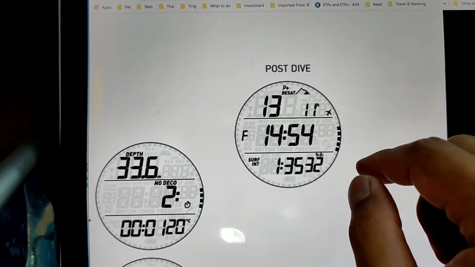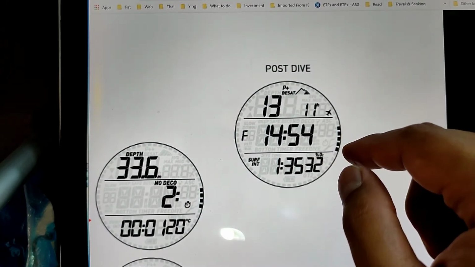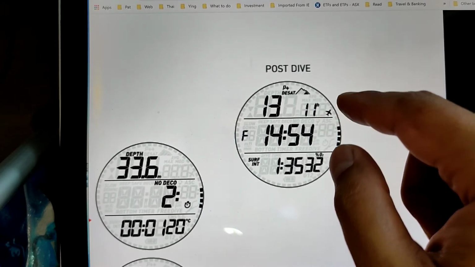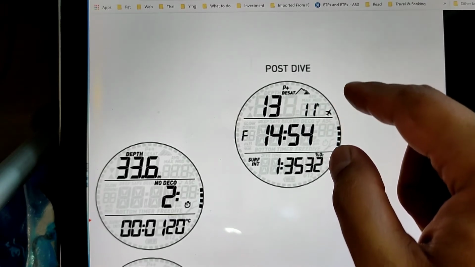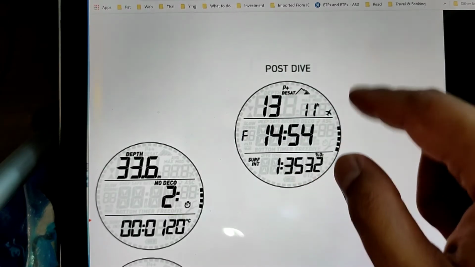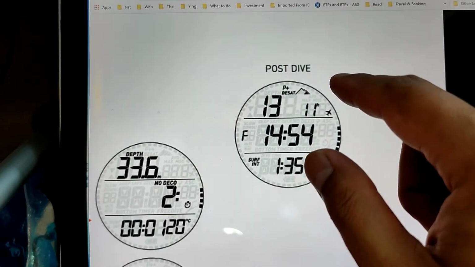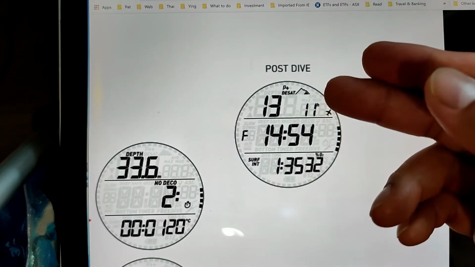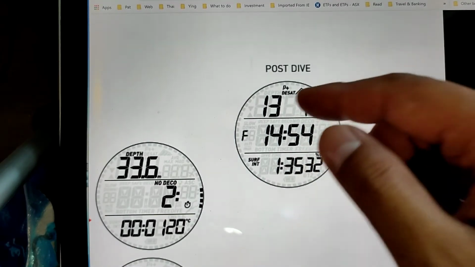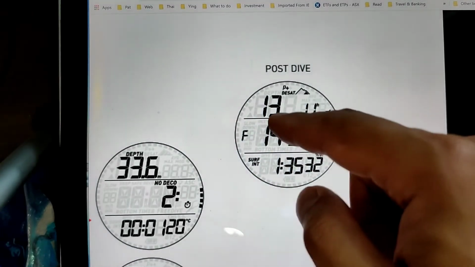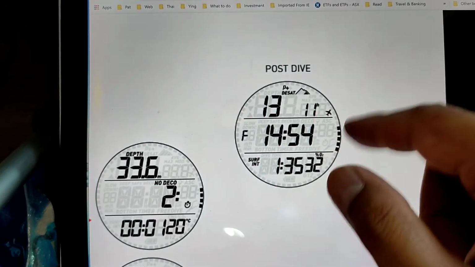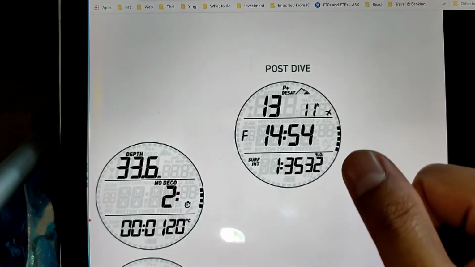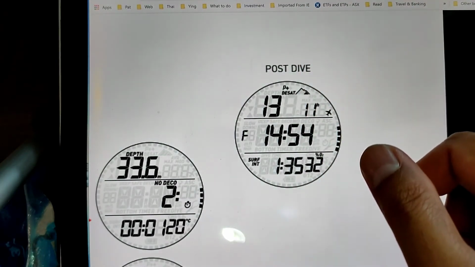So in my case, I need to go up to 3 meters and stay for 2 minutes, and after I have done that, it will go into normal safety stop mode. So it will just go like the time running backward from 3, 2, 1, and then it will say you can stay here for 99 minutes. So it finished the safety stop, you can go up. That is how this actual computer works.